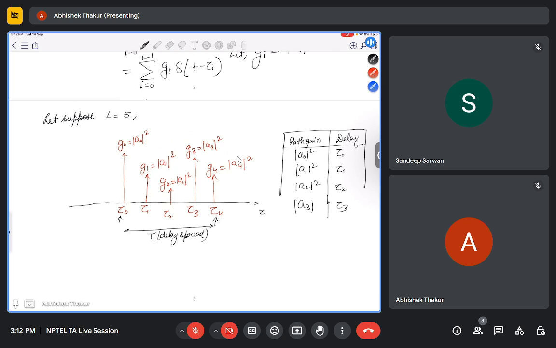From this graph we can draw this table, showing at what delay what was the gain.